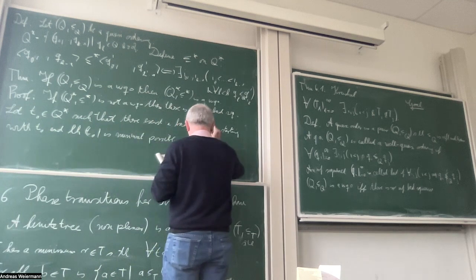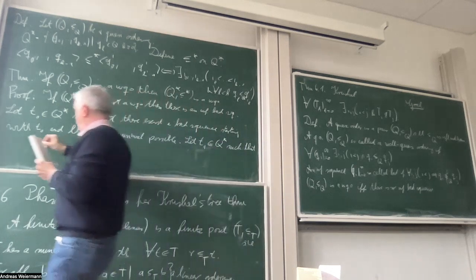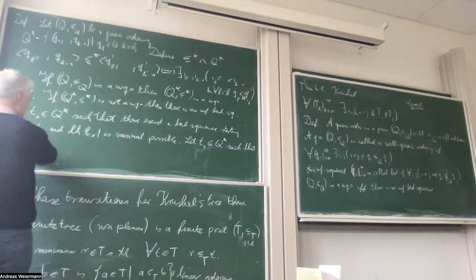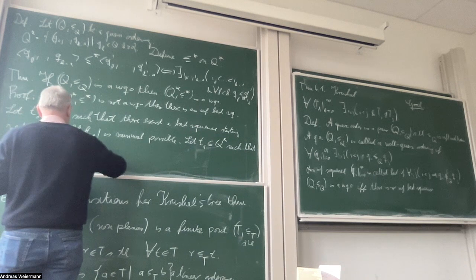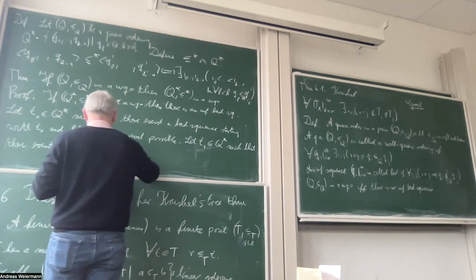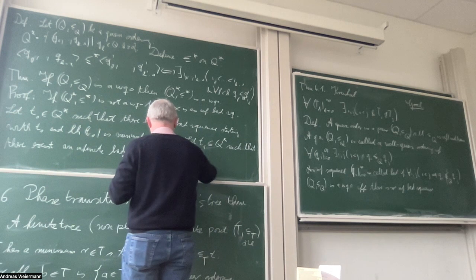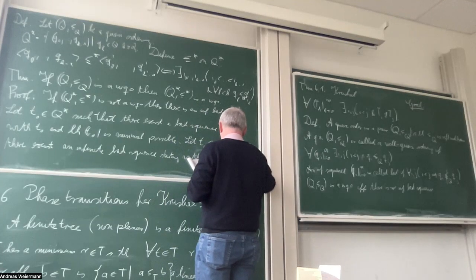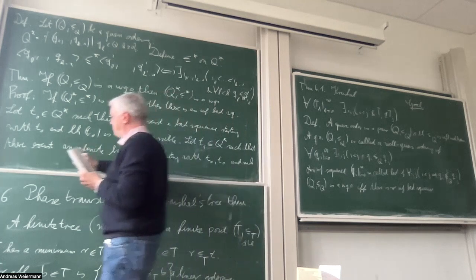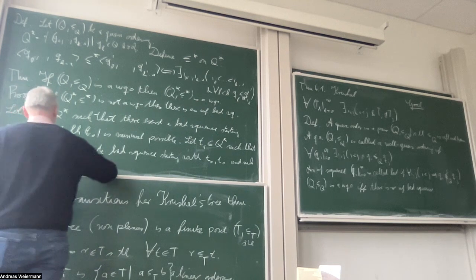Let's say t_1, such that there is an infinite bad sequence starting with t_0, t_1, and such that the length of t_1 is minimal.